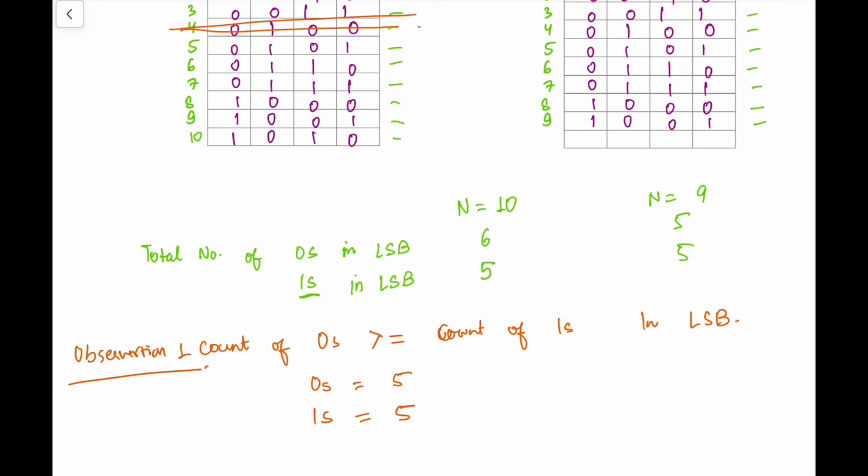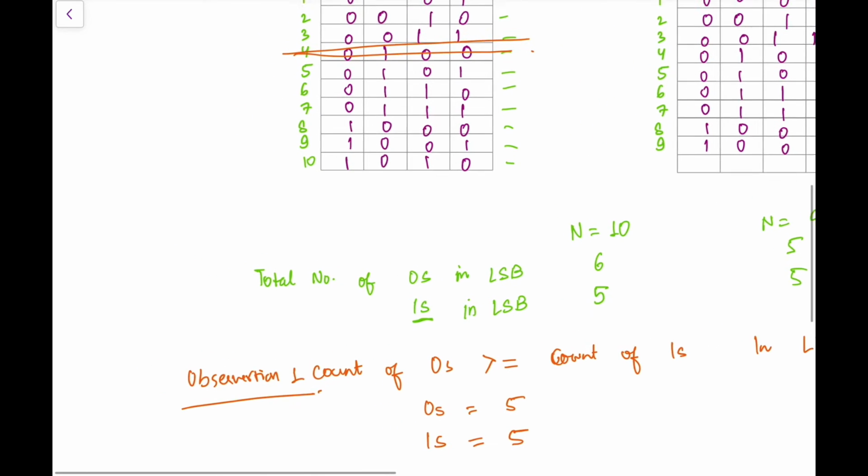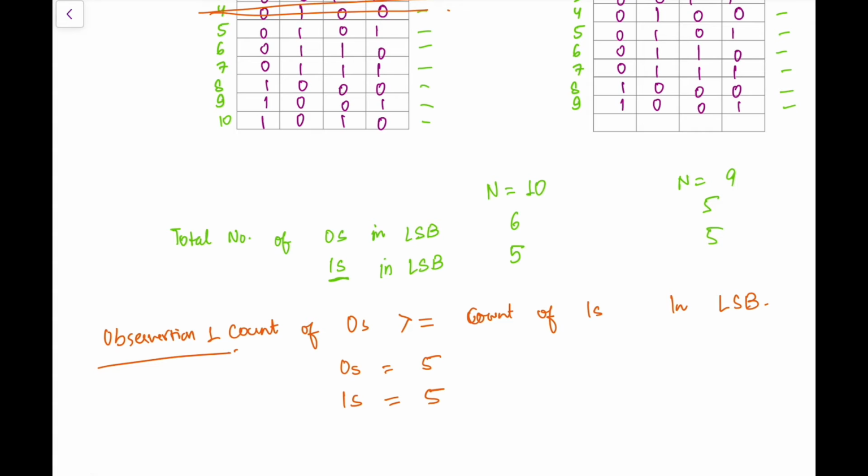So here, if I say that the least significant bit of the missing number is 1, then the count of ones will be 6, which is not possible because I have already observed that the count of zeros is equal to or greater than the count of ones. So here I can be sure that the least significant bit of the missing number is 0 itself. It cannot be 1, right?